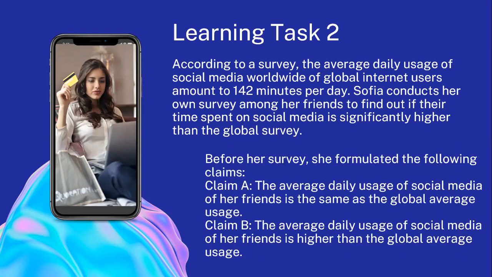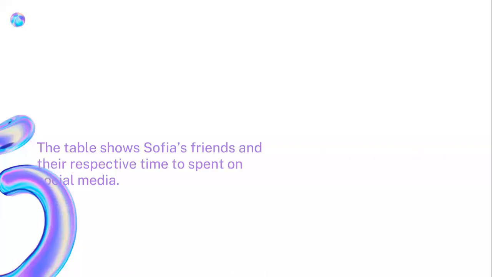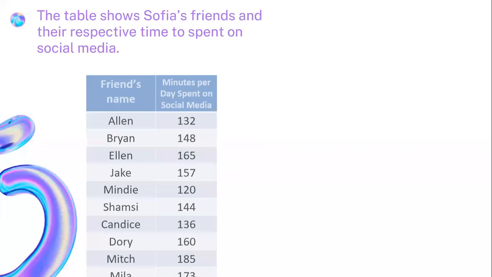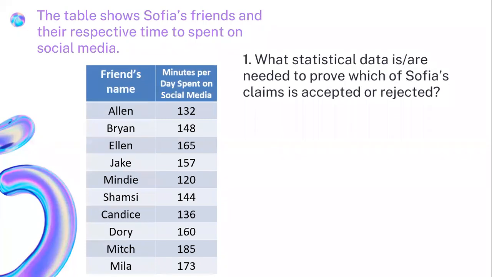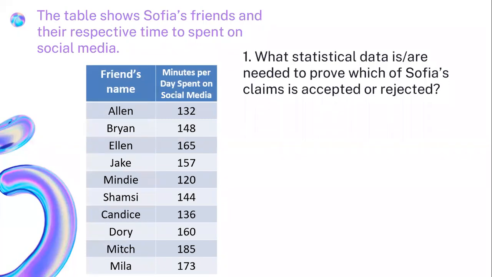She has two claims, claim A and claim B, and these are the data that she obtained. Now you need to answer the following questions.